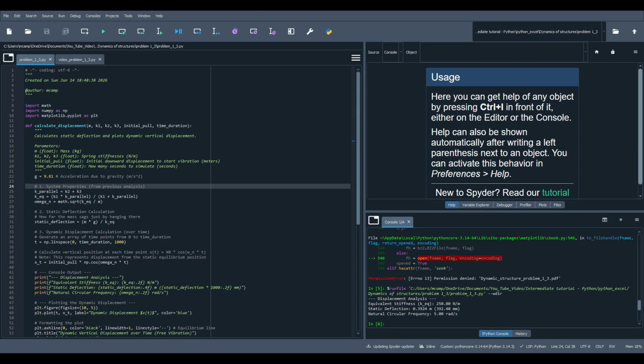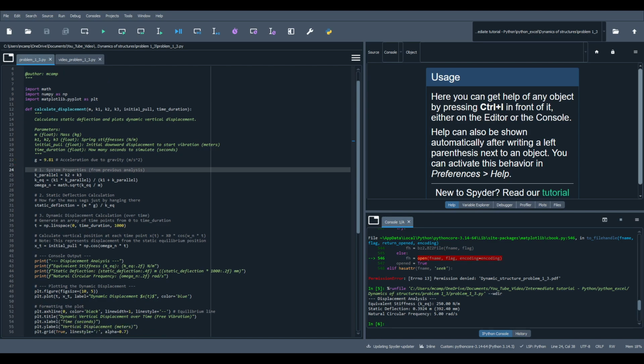After, we define a function that calculates the displacement. The inputs of this function are m, the mass, kappa1, kappa2, kappa3, the stiffnesses of the springs, the initial pull x0, and the time duration for the plot, and g, the acceleration of gravity.